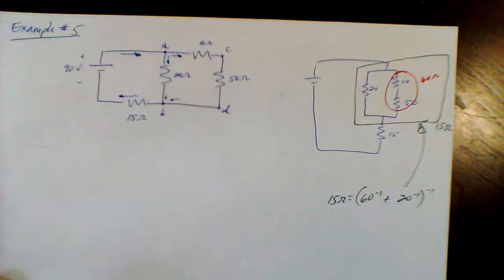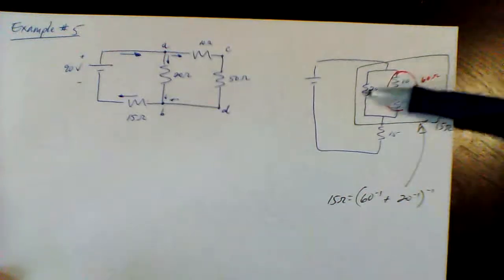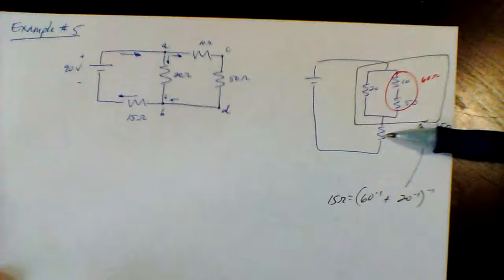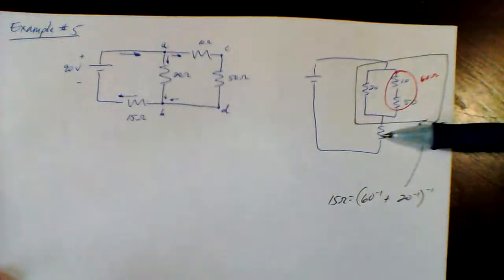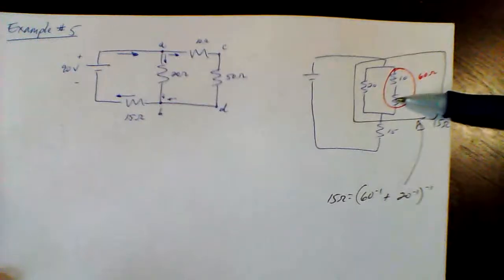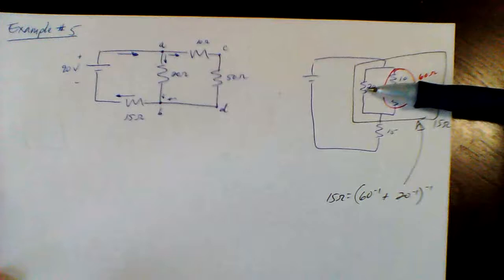If I were to replace this giant chunk of circuit with something else, it would be a 15 ohm resistor. So this whole part is in series with this. That doesn't mean that this one is in series with that one. These ones are in series with each other, but together they are in parallel with this one.